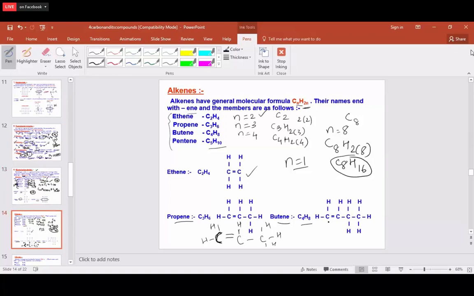We should not write one more here, because then the carbon would have 5 bonds. That should not happen. Then this carbon atom: 1, 2, 3, 3 bonds already over, and 1 bond with a hydrogen atom. Again, this carbon atom has a single bond, 2 bonds here, one hydrogen above and one below. This carbon atom makes a single bond over here, 1, 2, 3, so 3 hydrogen atoms.